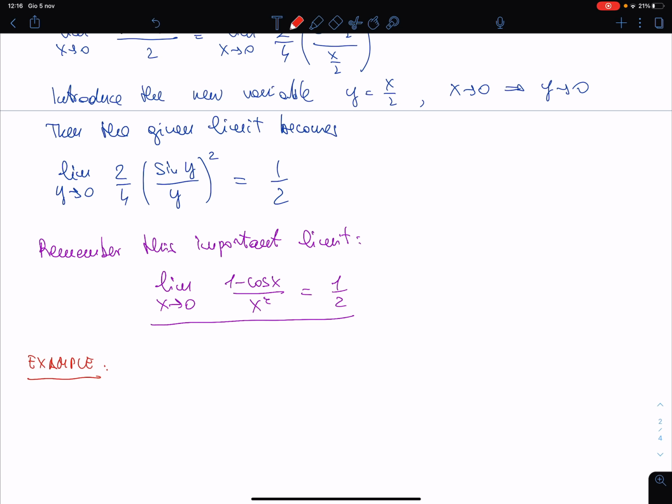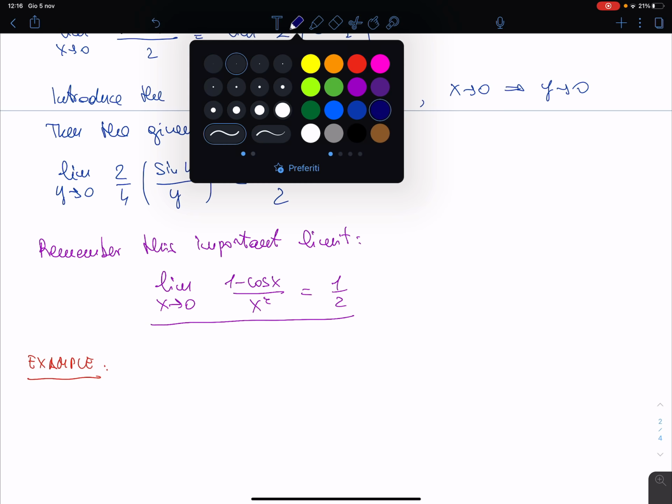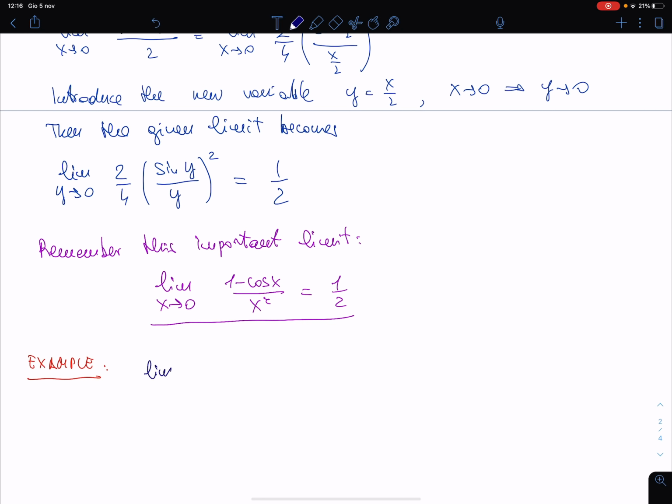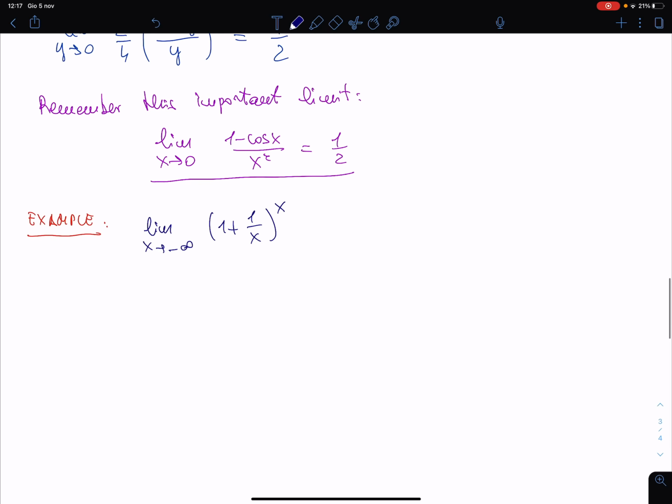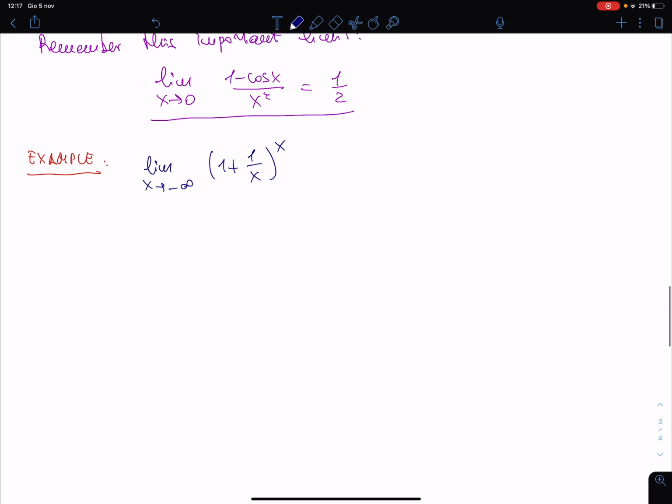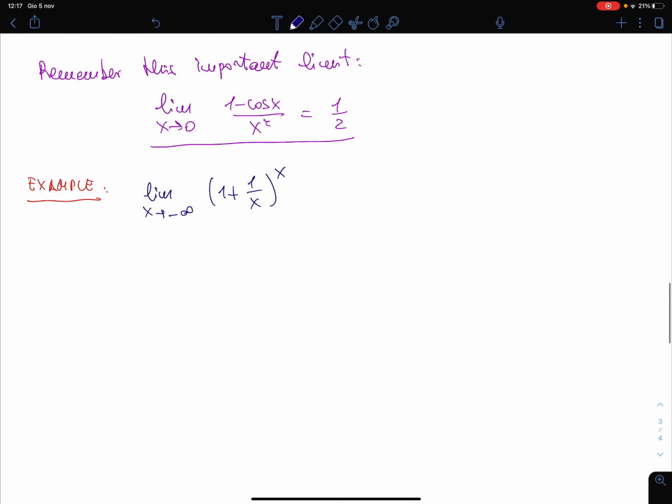Compute the limit for x going to minus infinity of 1 plus 1 over x to the power x. Of course, this is an important limit of the E-type, one of the huge family of limits that can be reconducted to the limit that defines the number E, Napier's number. And again, we perform a change of variable.